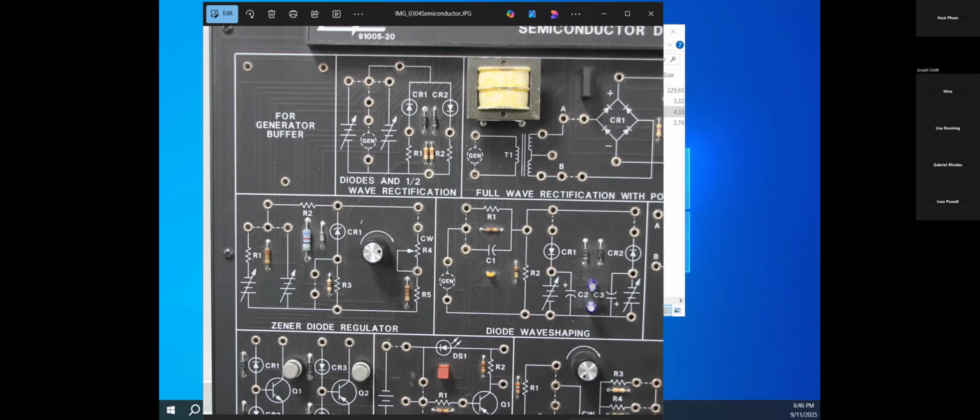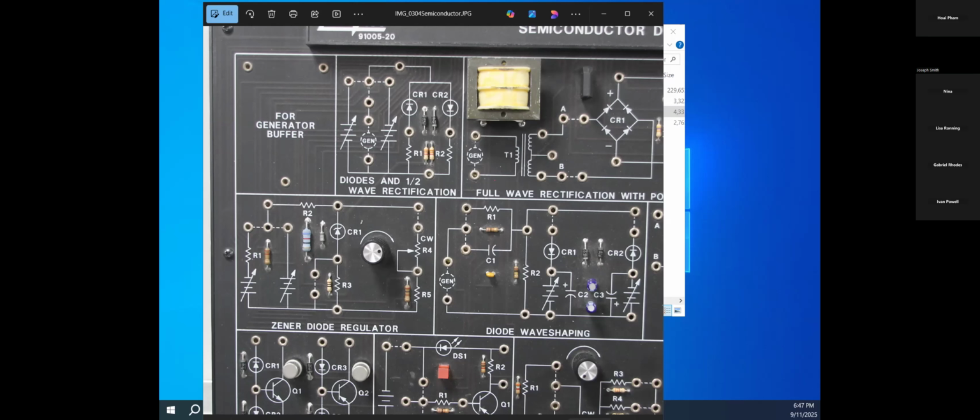Diode wave shaping setting. If you're trying to show us a screen, what we're seeing is a picture of the circuit board, the semiconductor circuit board.